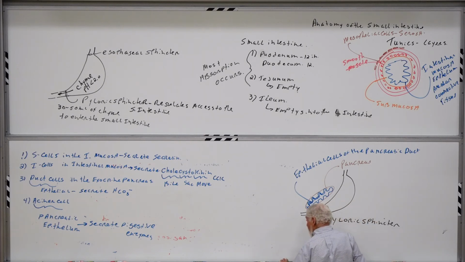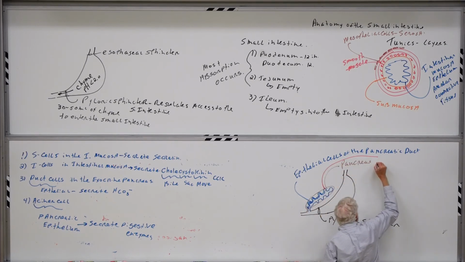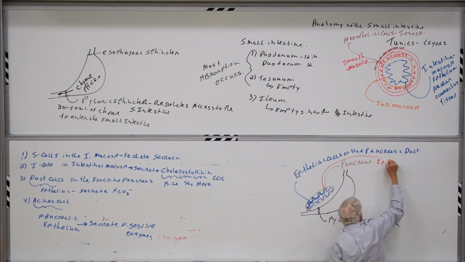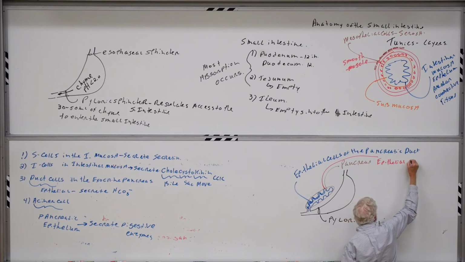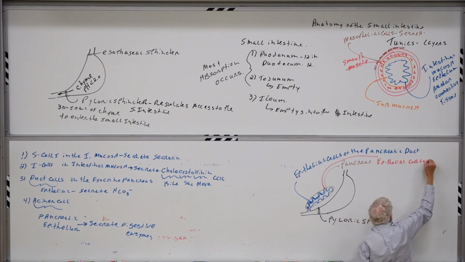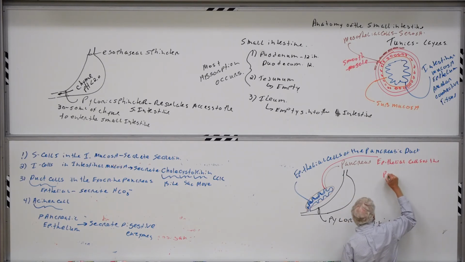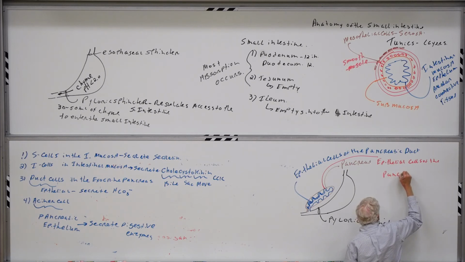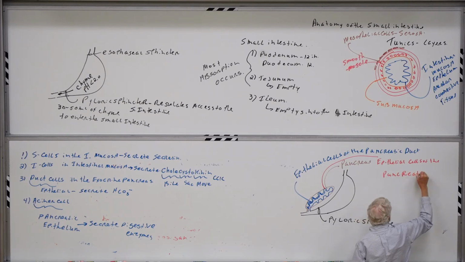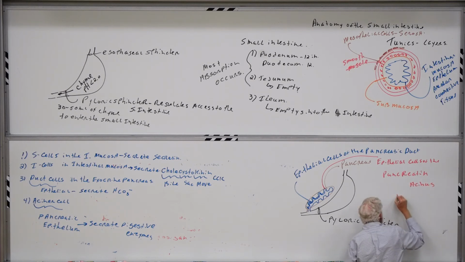Others are these cells back here, which are epithelial cells of the pancreatic acinus. These are referred to as the acinar cells.